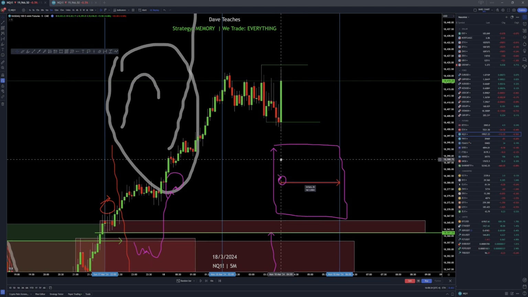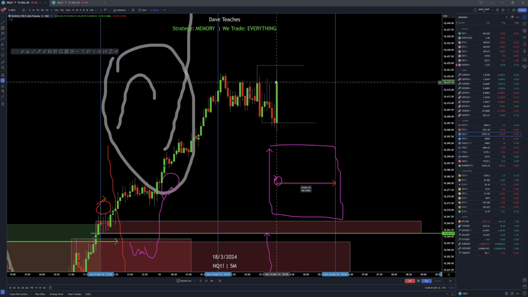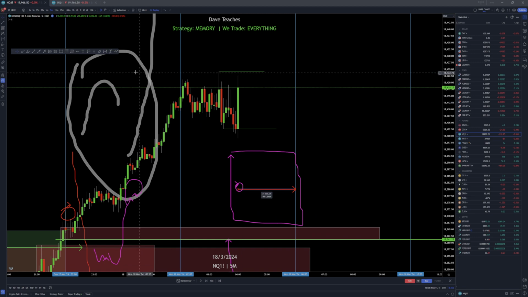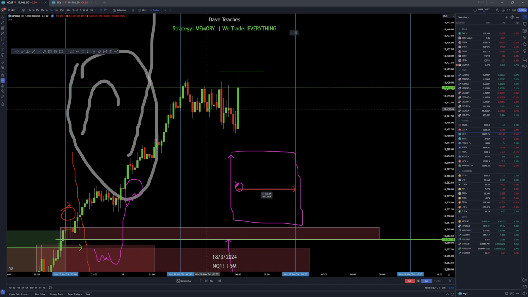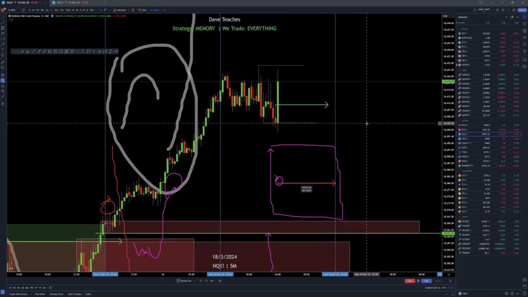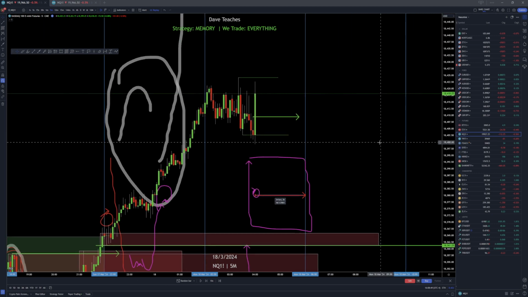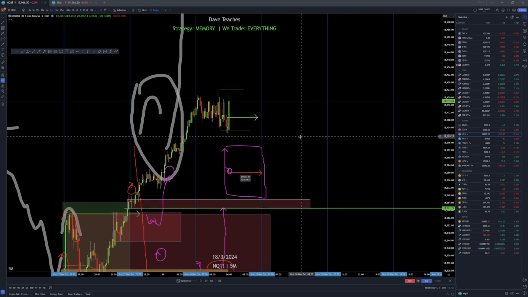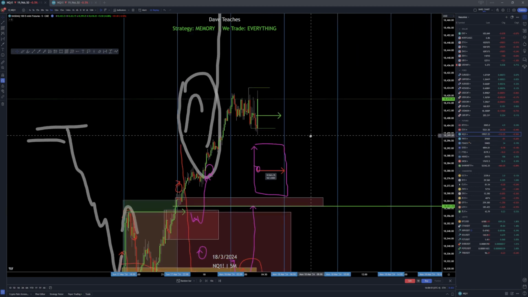Here's your 4 o'clock now. This little bullish candle running back into that 4-hour high.